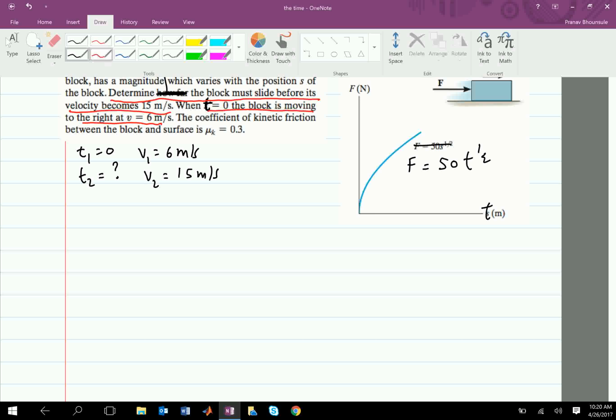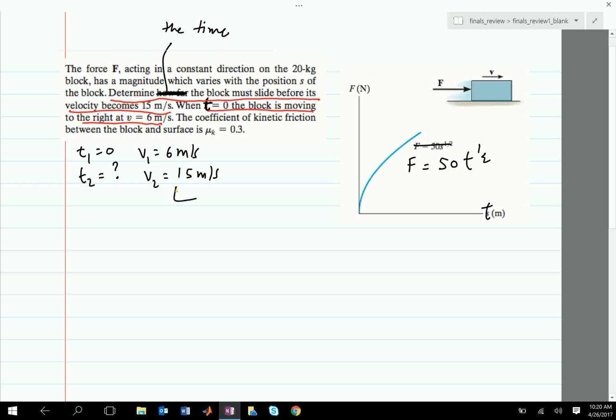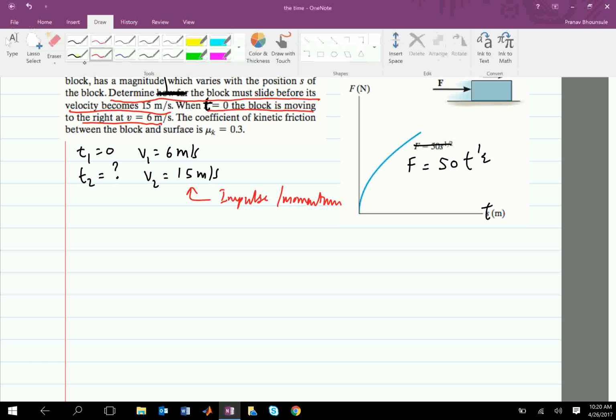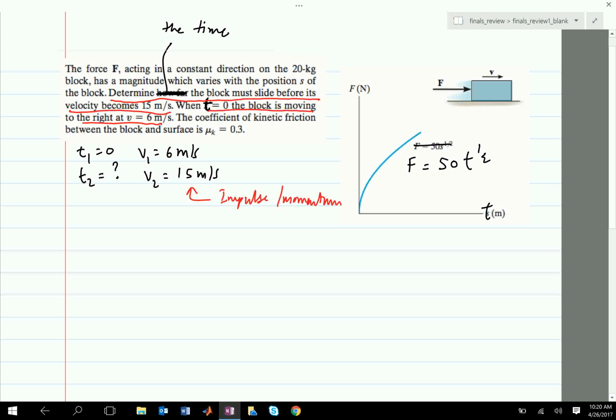Just based on that, this is a problem on impulse and momentum. So there's an FBD, see previous page. Okay, now we'll draw that again.